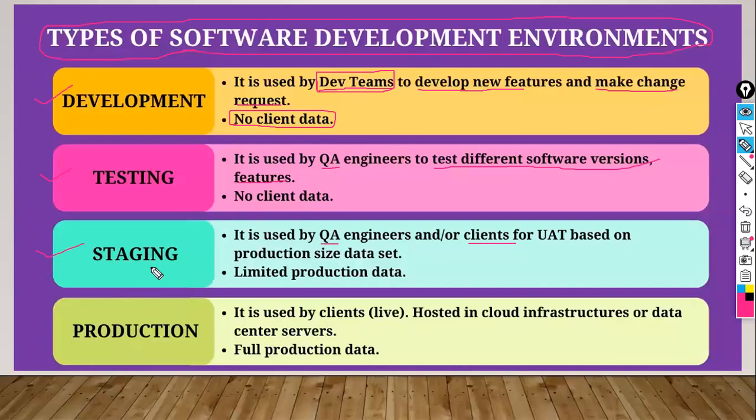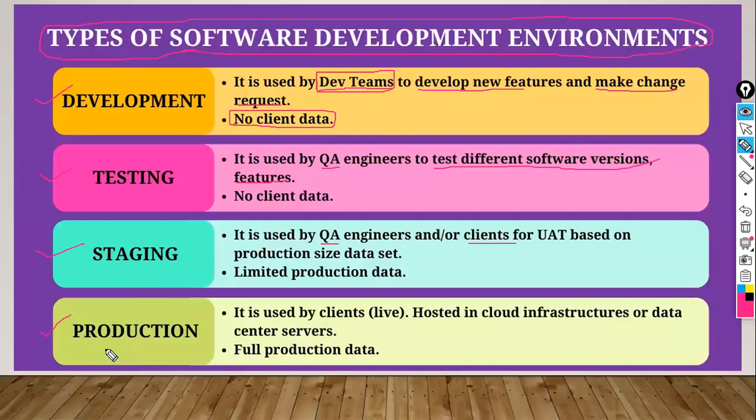Here, the access will be there for the client also. He can access this environment and see the application in it. So in the staging environment, we keep the functionally tested build, so that the client can also access it and see the data over here. That is nothing but the staging environment.